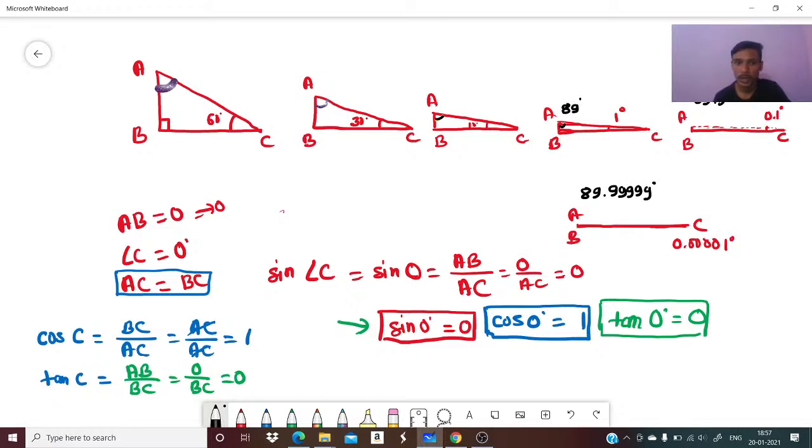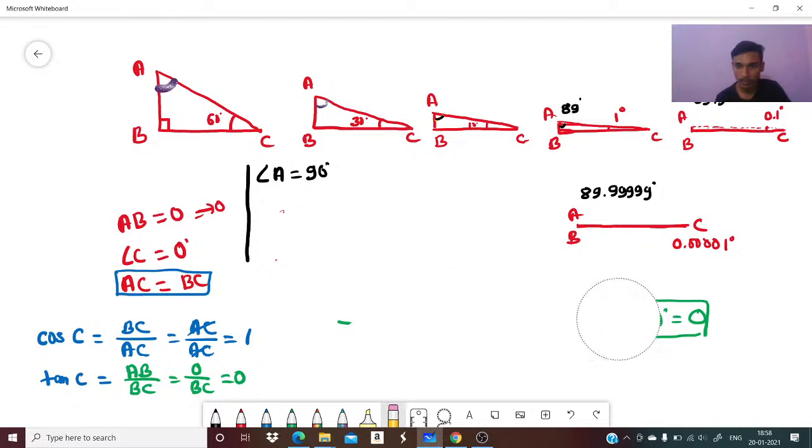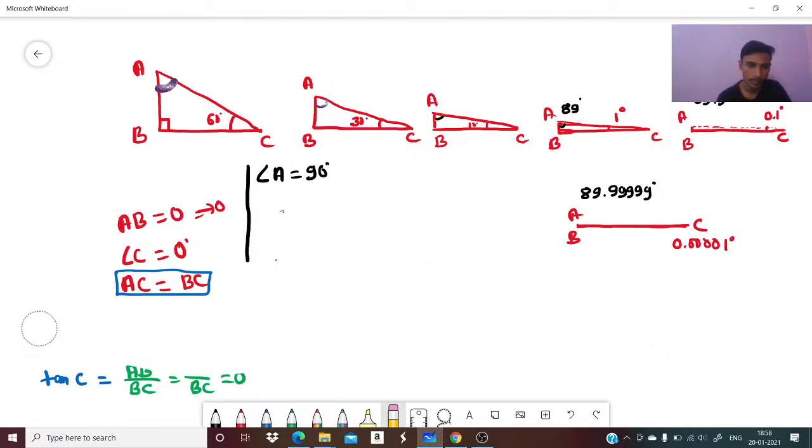That means now this angle A is tending to the 90 degree. Fine. So now let me erase these things which I don't want now. So now I know that my angle A is tending to 90 degree.